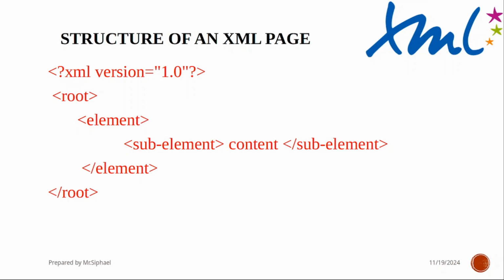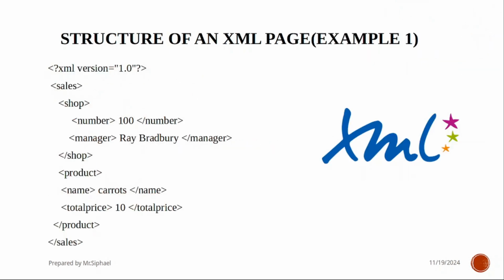Then we have the document node, we have the root, which is the parent, we have the element with the children, we have the sub element with the sub children. So it's something that's pretty easy to get. Okay, so right here we have an XML page example.